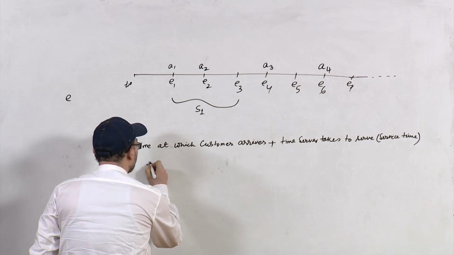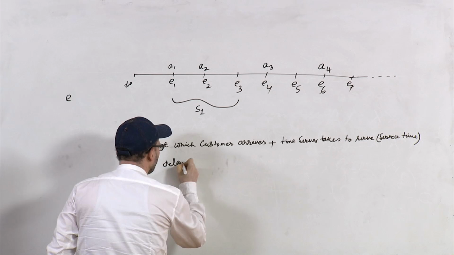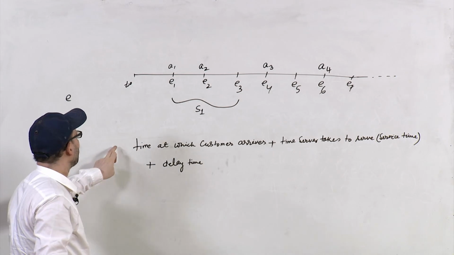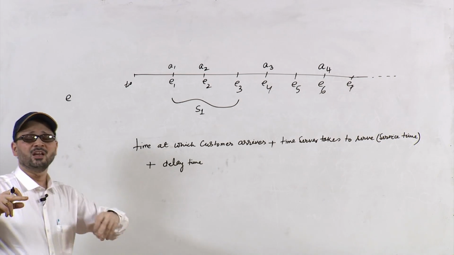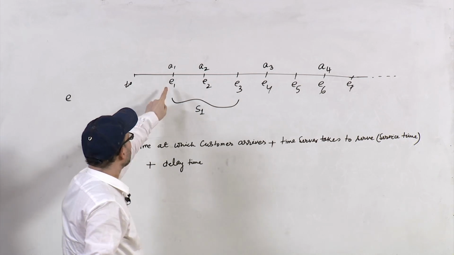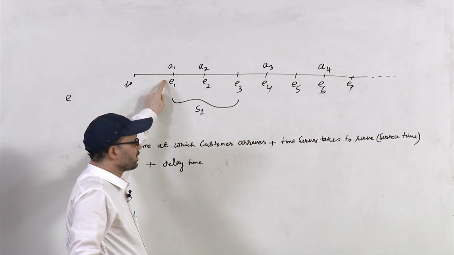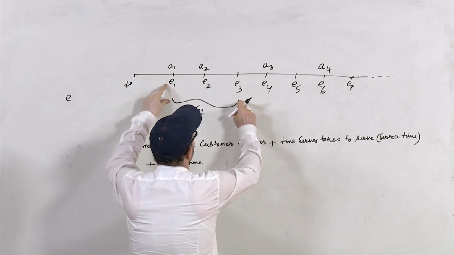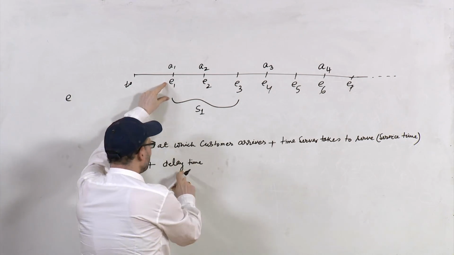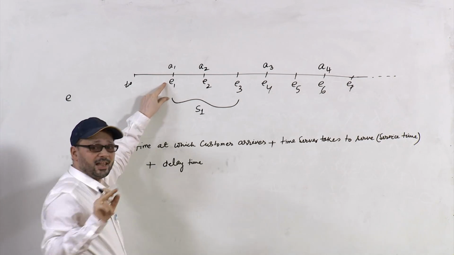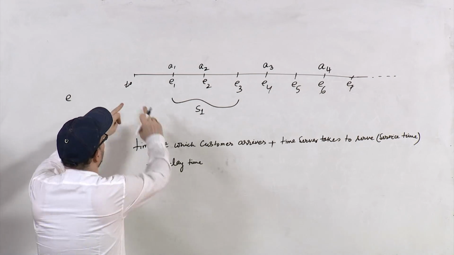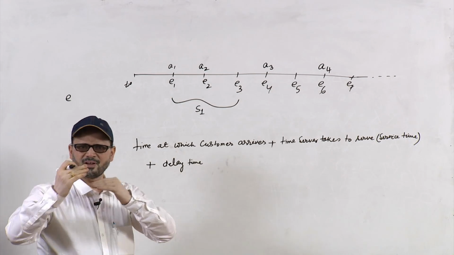Then, the delay time for the first customer. Suppose we are finding the time at which the customer will depart. That time will be nothing but the time at which the customer comes, the time of service for this customer, and then the time for which it experiences delay. In the case of the first customer, there is no delay, because once he has come the server is idle.